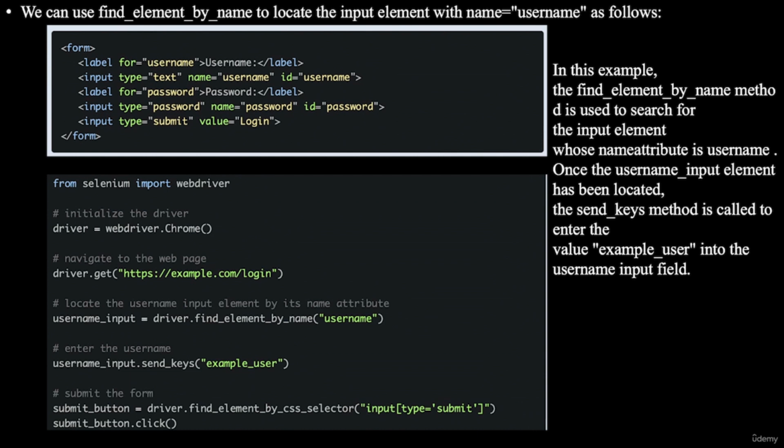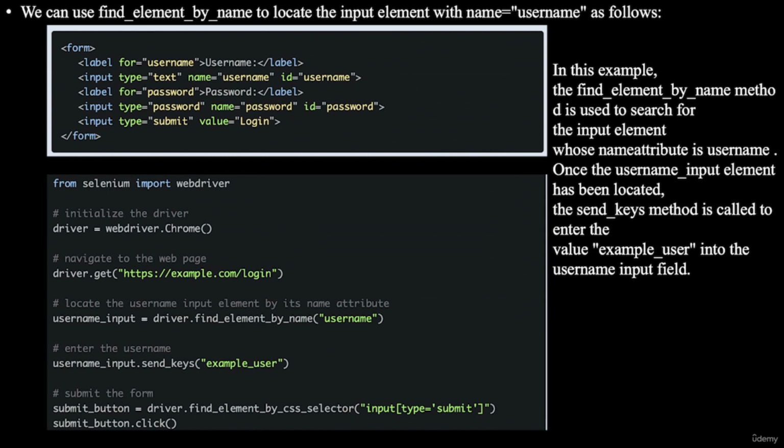We're looking for a name value of username. After which we enter, using the send keys method, our login username, and after that we look for the input button using the CSS selector, and we're looking for an input with the attribute type, which is a particular button.